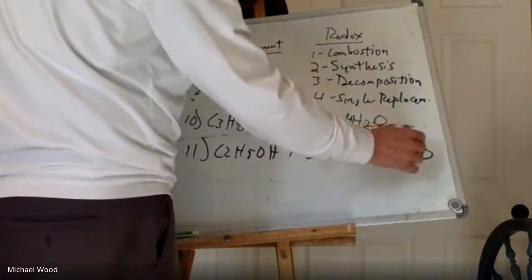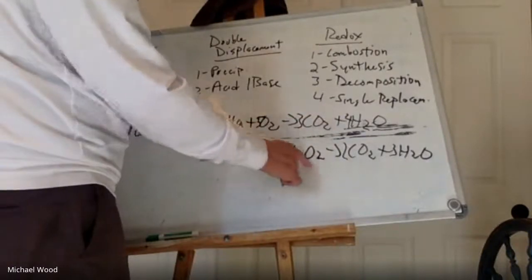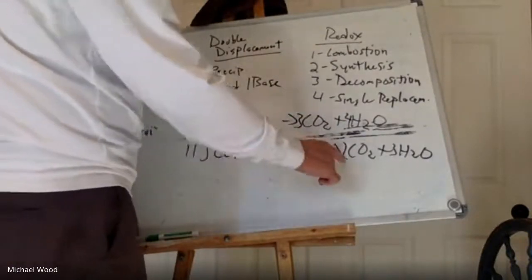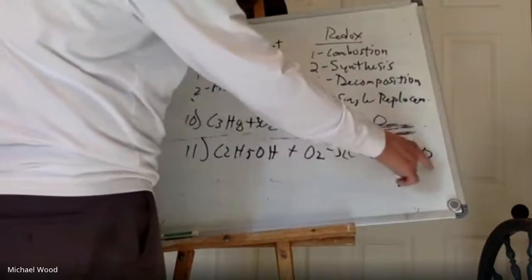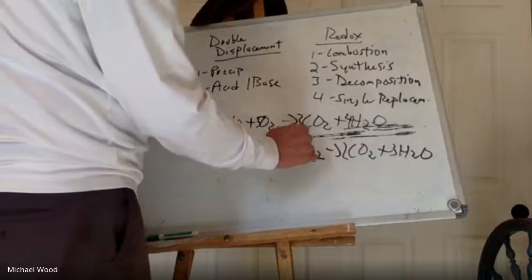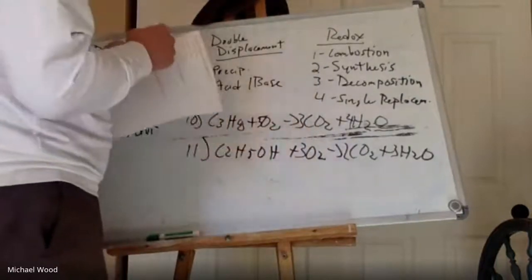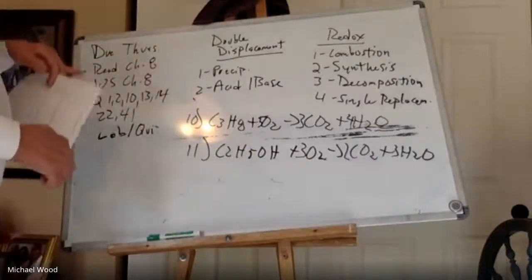So 3 times 2 is 6. Oxygen's a little tricky. There's 1 here plus 2, so there's 3. Here, 2 times 2 is 4, and 3 more is 7. So 4 plus 3 is 7. This is kind of tricky, but if I put a 3 here, 3 times 2 is 6, and 1 more is 7.